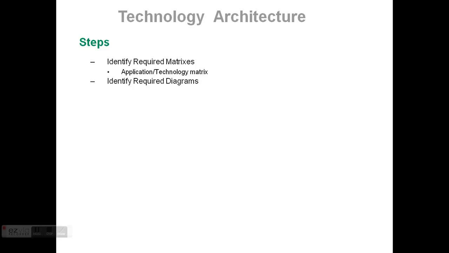Next minor step in this step is to identify required diagrams. What kind of diagrams we want to produce in terms of our design artifact. Diagrams present the technology architecture information from a set of different perspectives or viewpoints.